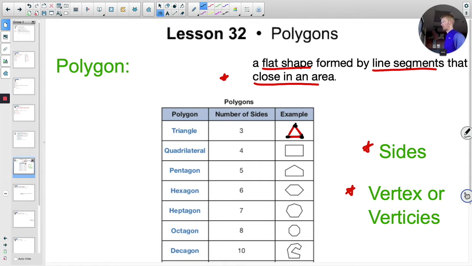Okay, so number of sides here, 3. Number of vertices would also be 3. For a quadrilateral, right here, it has 1, 2, 3, 4 sides and 1, 2, 3, 4 vertices, 4 corners. So vertices are like corners, and sides are like edges.